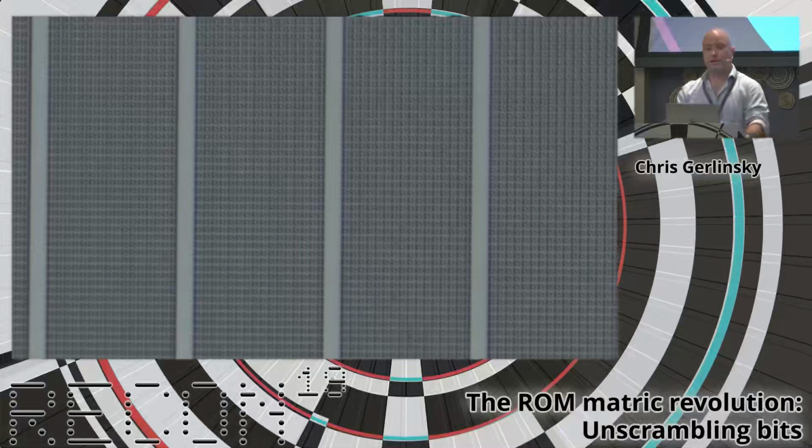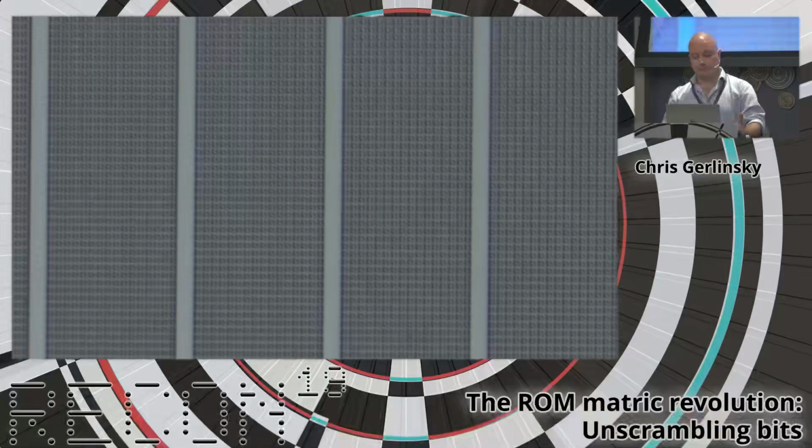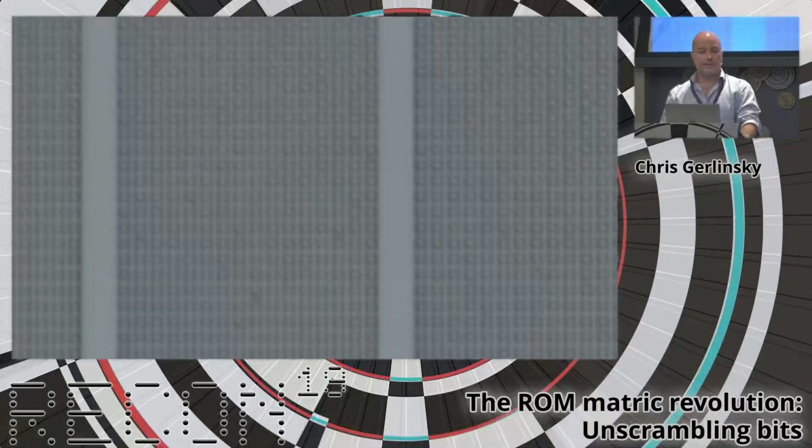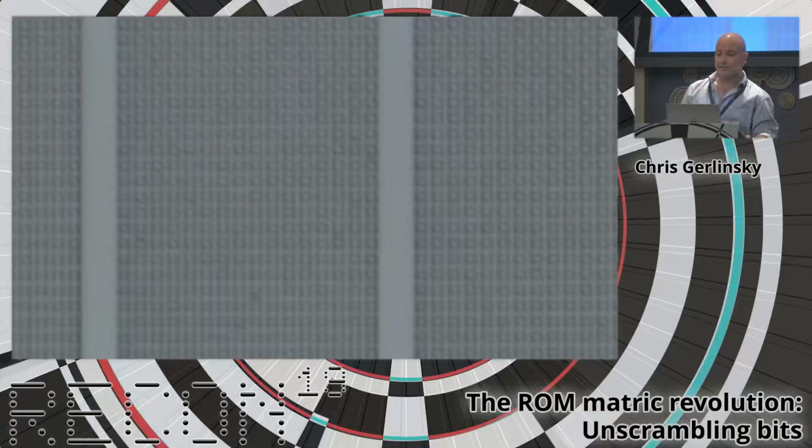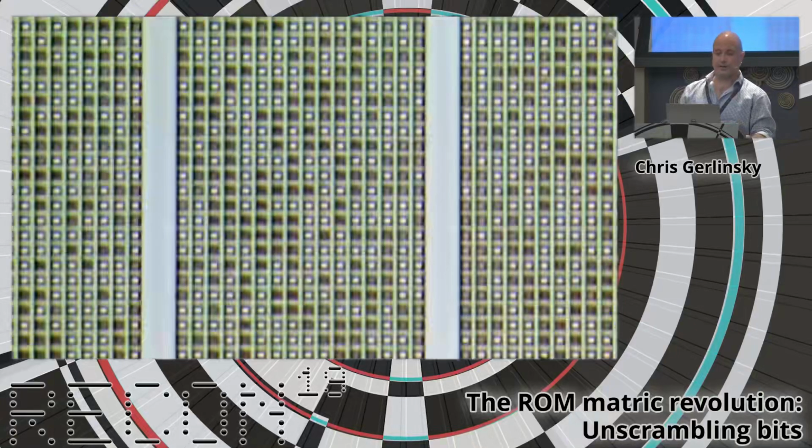So starting out looking at one of these ST19 ROMs, this is what it looks like after removing the top layers of the chip with hydrofluoric acid. Zooming in a little bit, so we can see the rows and columns of bits, but we don't actually see any data there. It's a little bit of a fuzzy picture, but also there's no contrast between the bits.